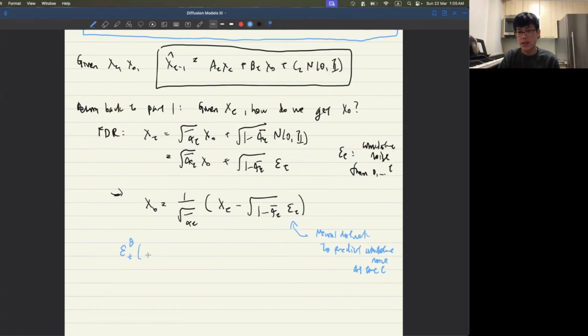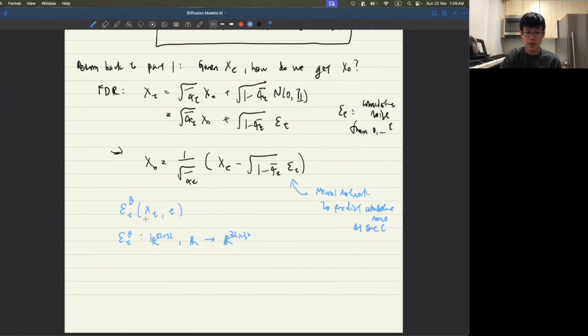What are the parameters that it takes in? Well, it needs to take in the current state xt, and it needs to take in the current time t. This neural network epsilon theta is something that takes a R^32 by 32 image for our use case and a parameter t. This t can be integers, or you can use some embedding of the integer. So let me just assume we embed it in some real space R, and it will give out the cumulative noise, which lives in the space of R^32 by 32.